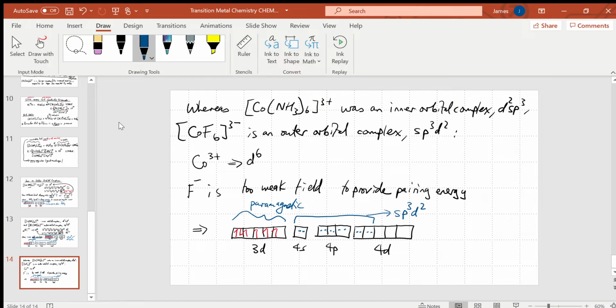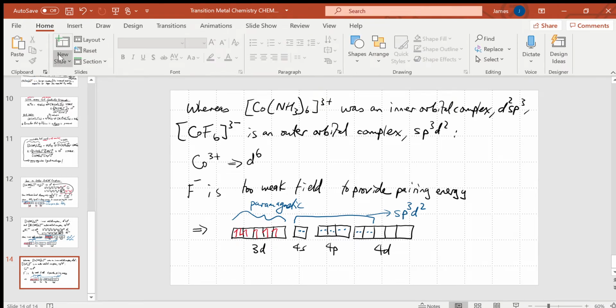So essentially, not always, but for the most part, one way you can tell, let's put it in another slide.